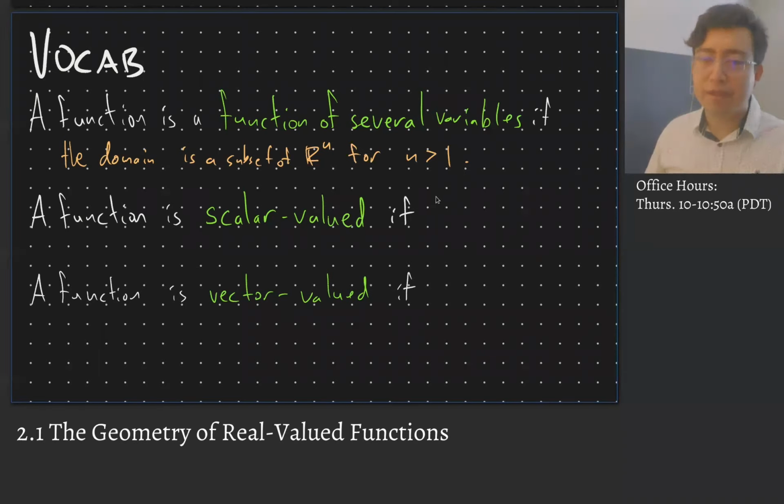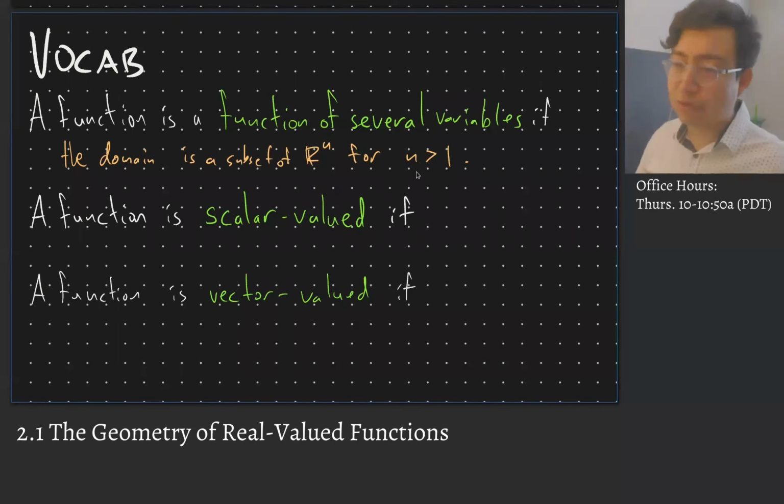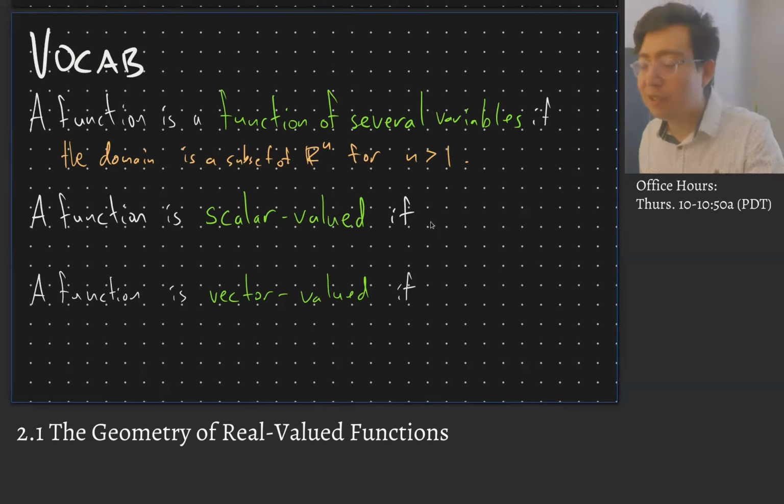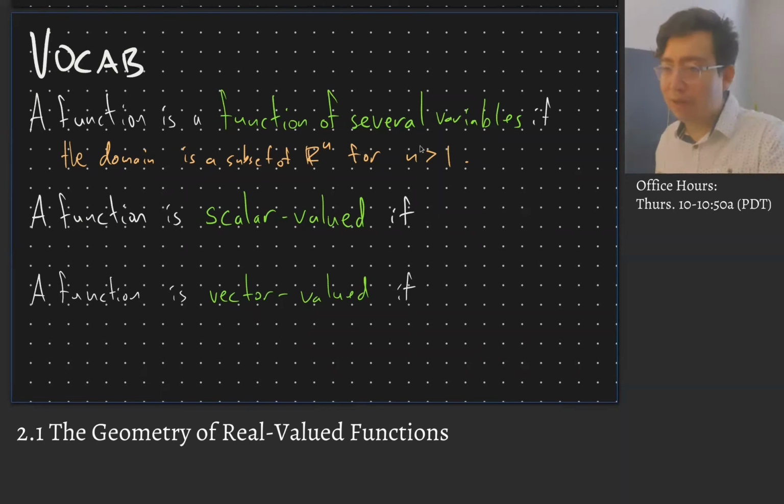Right? Because if n is equal to 1, then that means the domain has just one real variable input, and so that would be a function of a single variable, or of one variable. If we want it to be of several variables, then n needs to be bigger than 1. So several in this situation just means bigger than 1. So that's what we mean when we say a function of several variables.